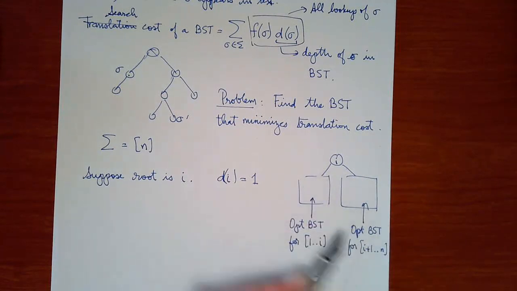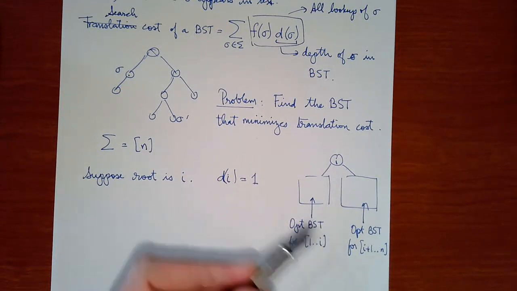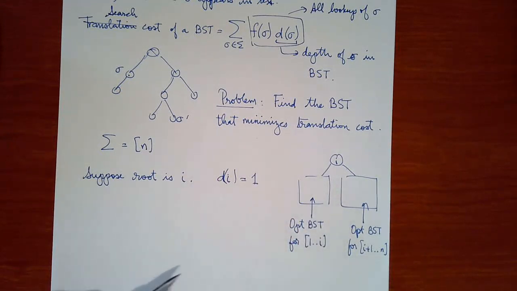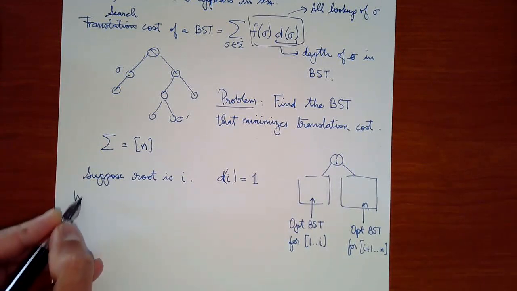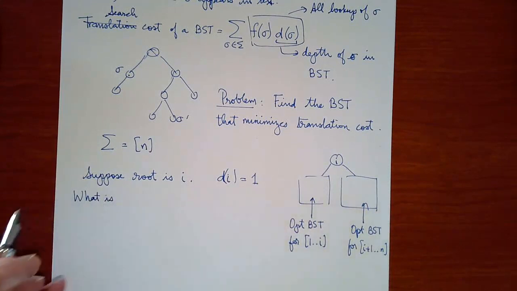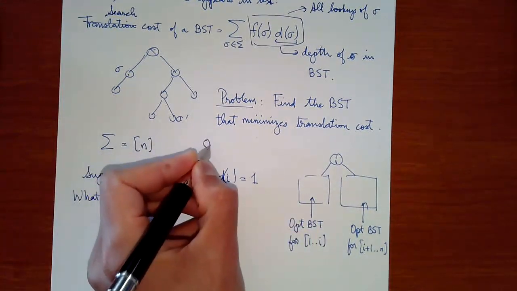Now we need a way to compute the cost so that we can actually run the binary search tree. So now here's the question. Let me refer to this as opt BST.